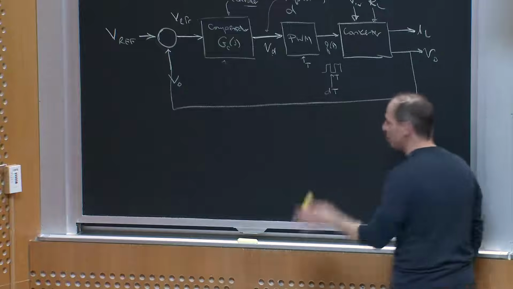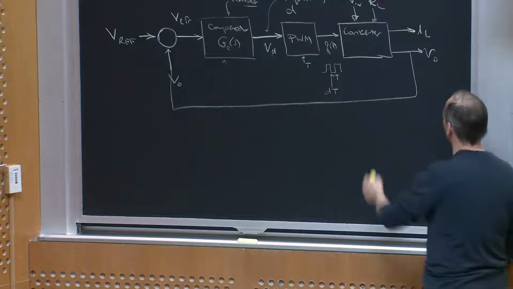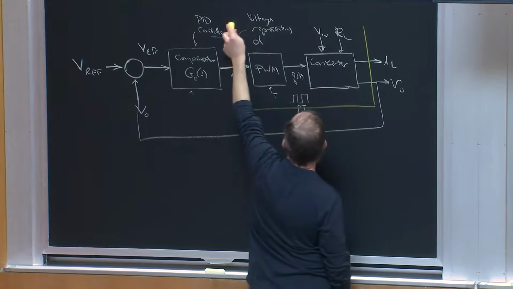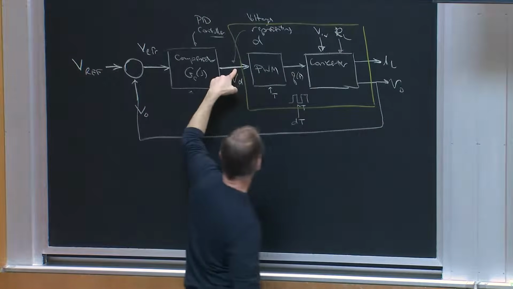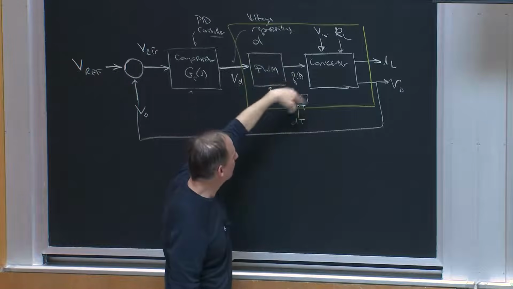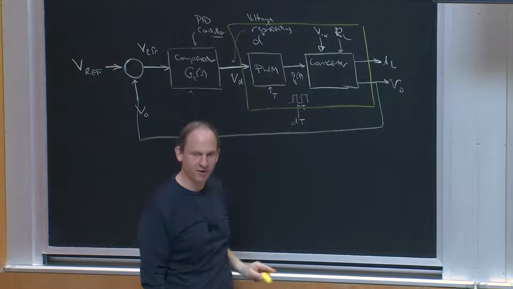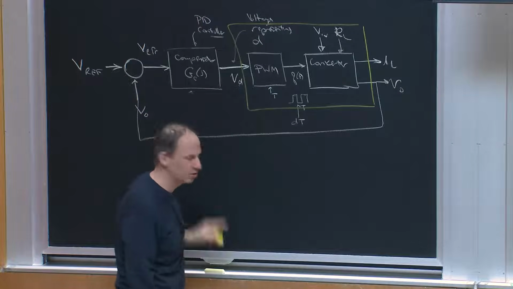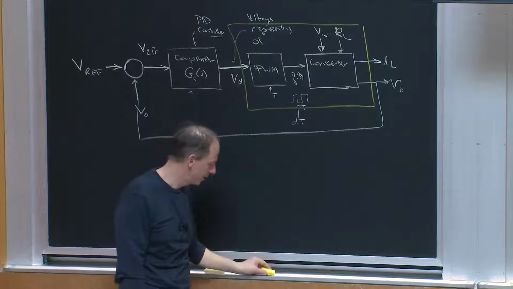And what we need to know in order to make this work is some model that basically says, as I'm changing my duty ratio or something else like the load resistor, how does this dynamically vary, right? If I know that, then I can design a control loop for the thing, okay?